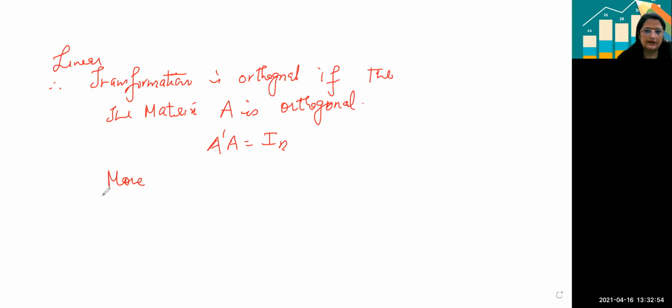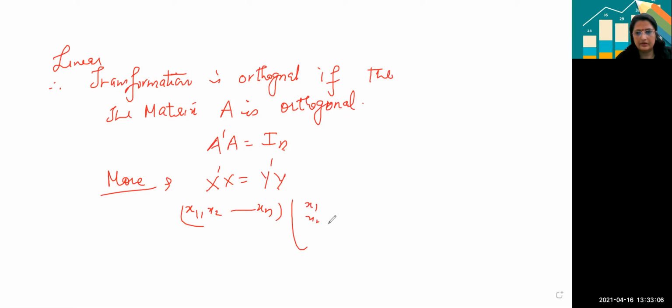So more elaborately, x dash x is equal to y dash y. Here one row vector is multiplied with the column vector, the same here. So what will you get? This is x1 square plus x2 square plus so on up to xn square, that is summation i running from 1 to n of xi square. Similarly, here you will get summation yi square.